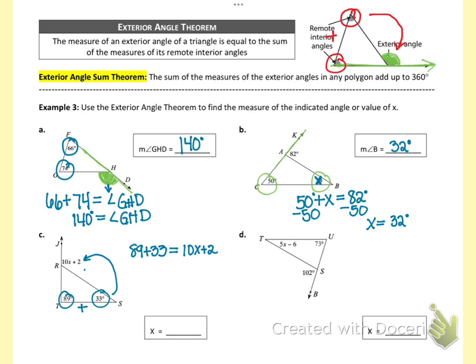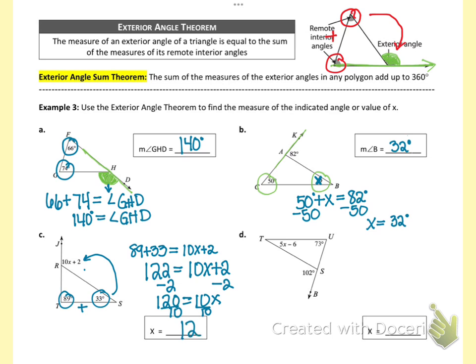And now I've got a nice simple equation to solve. That 89 plus 33, if I simplify that side, gives me the 122. And then solving the equation by subtracting 2 from both sides gives me 120 equals 10x, and then dividing by 10 gives me a value of x of 12 again.